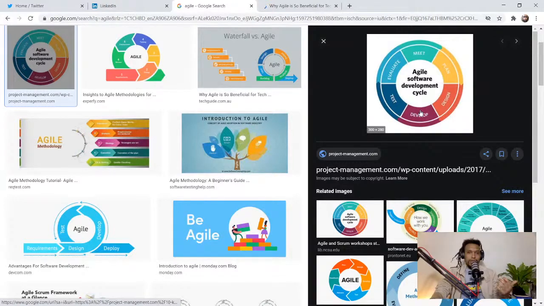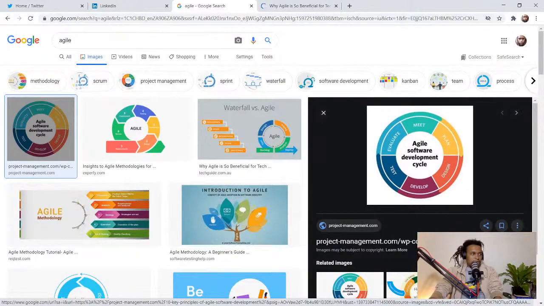In a UX design world, you might be looking more at a design thinking type of process, where you have something like this.